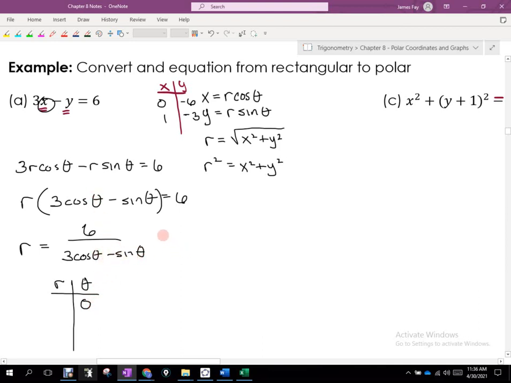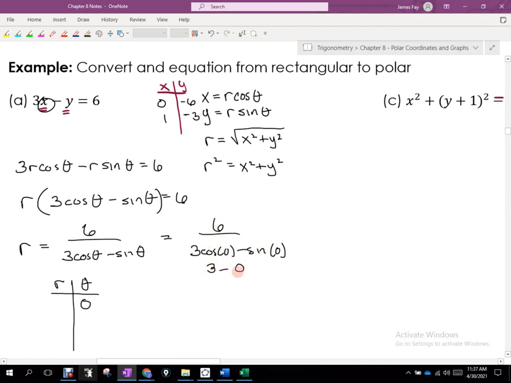So when I plug 0 in, I get 6 over 3 cosine of 0 minus sine of 0. Well, what is cosine of 0? It's 1, right? So it gives me 3 here. What's sine of 0? 0. That's why I like choosing 0, because it gives me now 6 divided by 3.